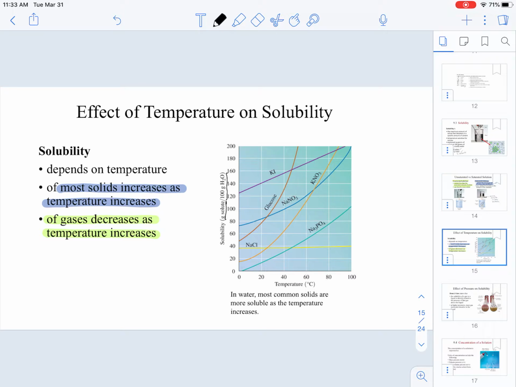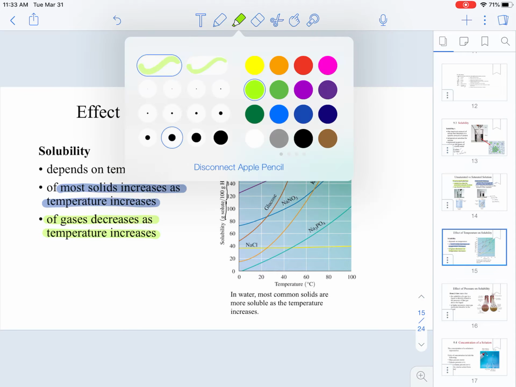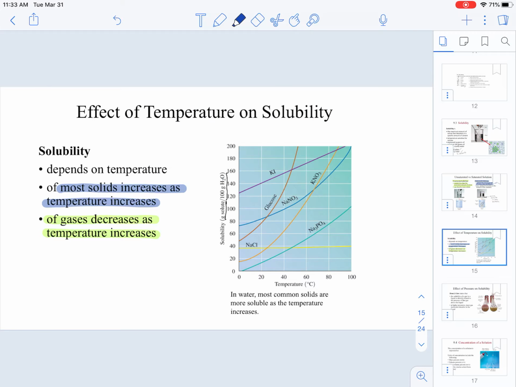As you can see, the majority of them, the trend implies that in most solids there's an increase in the amount of solute that you can put as temperature increases. So remember that this trend is related to the second bullet point.